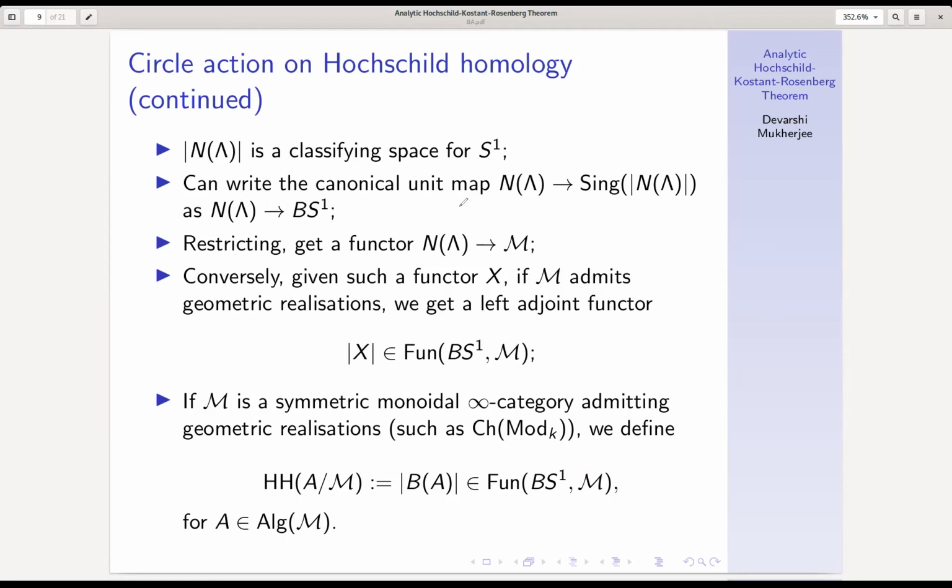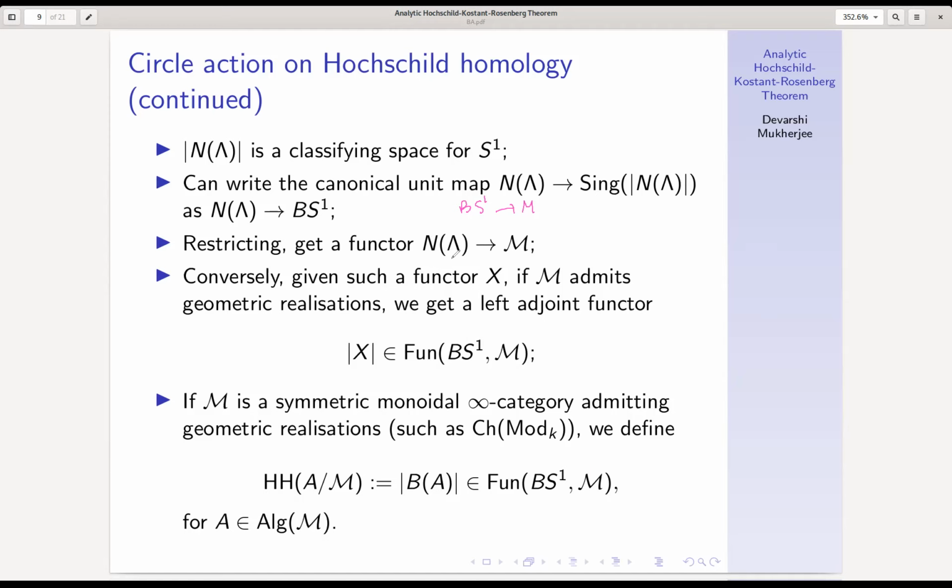So in other words, if we start with some functor like this, then by restriction, we get a functor from the nerve of the cyclic category to N. And as we know, this is the classifying space of S1.